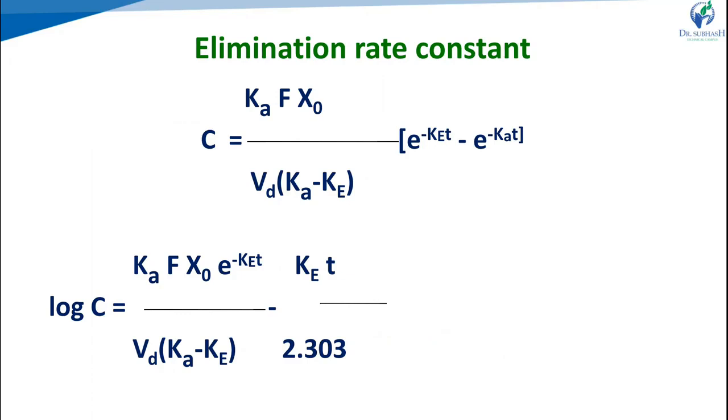So the equation becomes C = KaFX0 upon Vd (Ka minus Ke) into e raised to minus Ket. Transforming into log form, log C = log of KaFX0 upon Vd (Ka minus Ke) minus Ket upon 2.303. So we can plot the graph of log C versus time, we get a straight line, and from that slope we can find Ke.